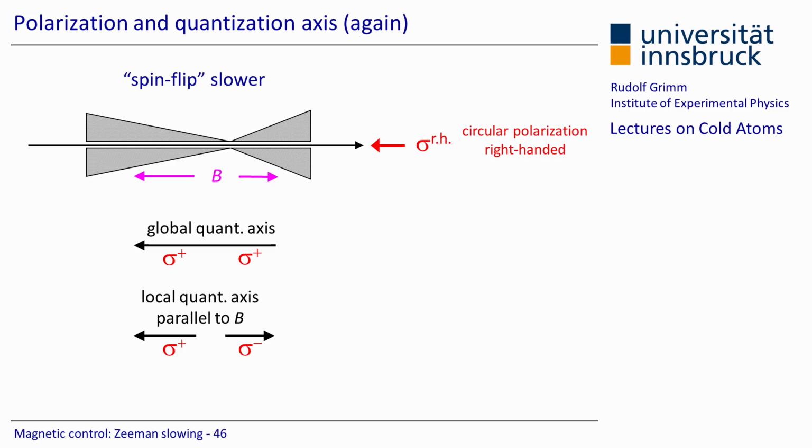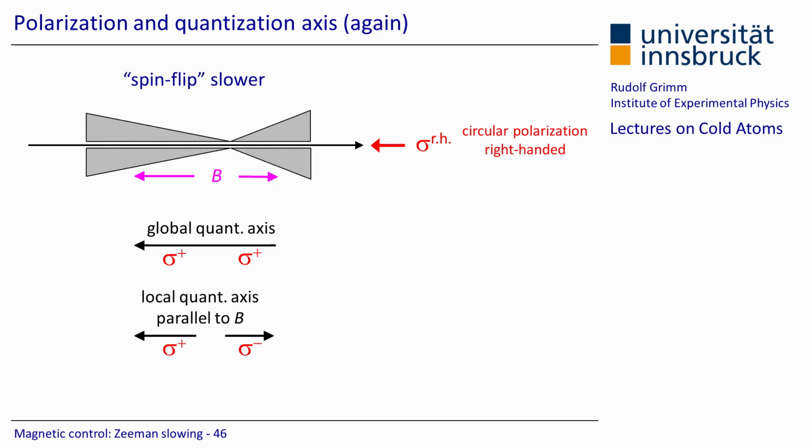But is this a spin flip? A spin flip would be when the spin flips relative to the quantization axis, and since the quantization axis is flipped, there is no spin flip. So this term spin flip slower is really a misnomer, in my honest opinion.